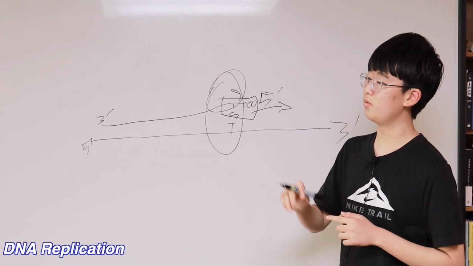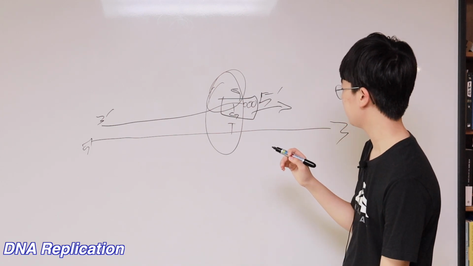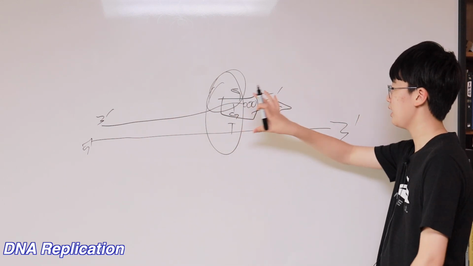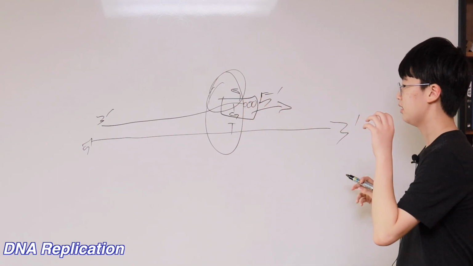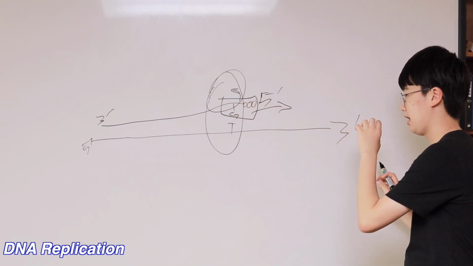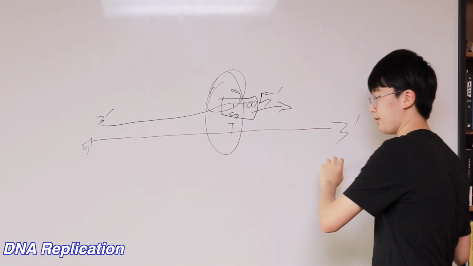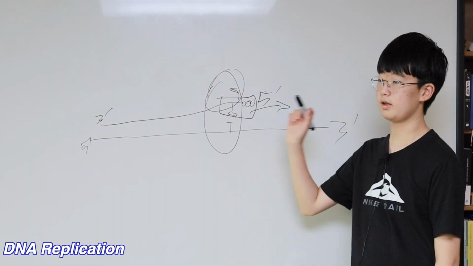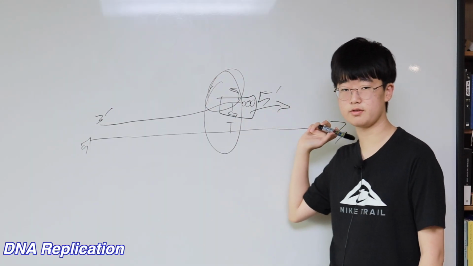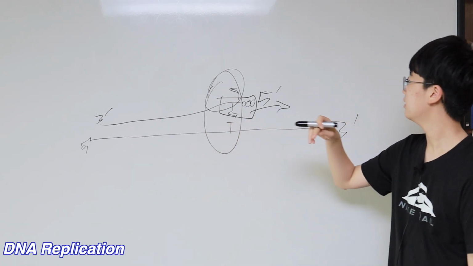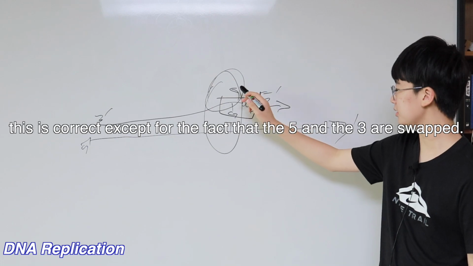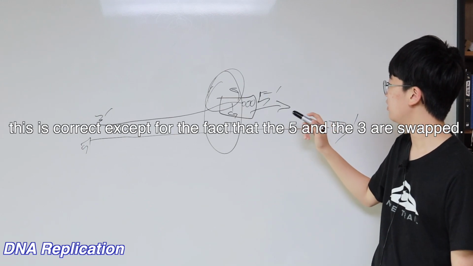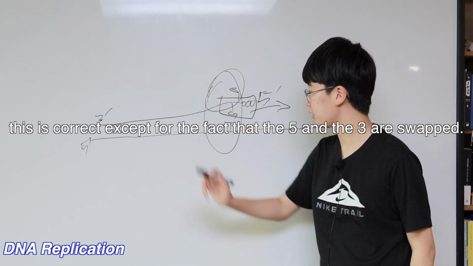Oh, and I also said why primers are needed is to tell the DNA polymerase what way to go. That is also used here. If DNA polymerase was replicating from 3 to 5, from the 3 end to the 5 end, the exonuclease would have gone from the 5 end to the 3 end.